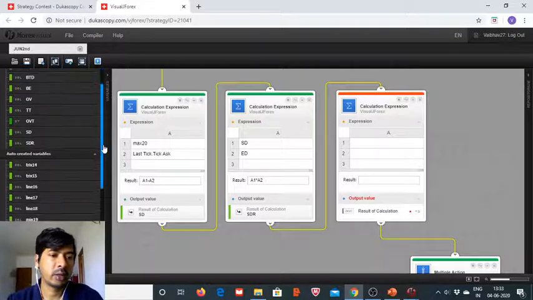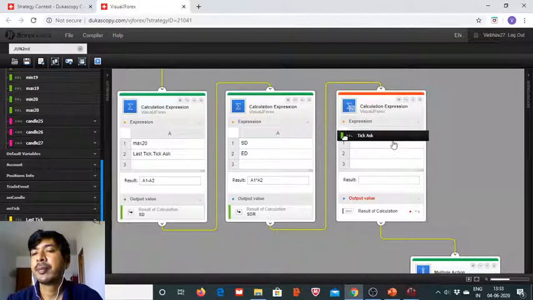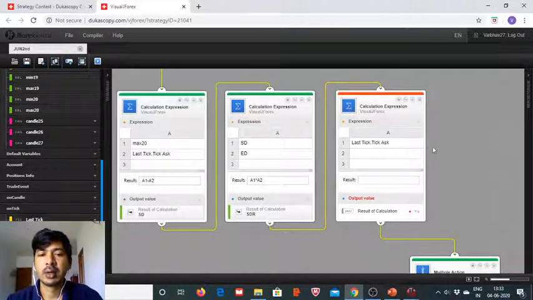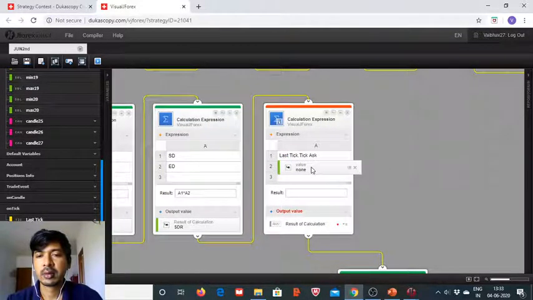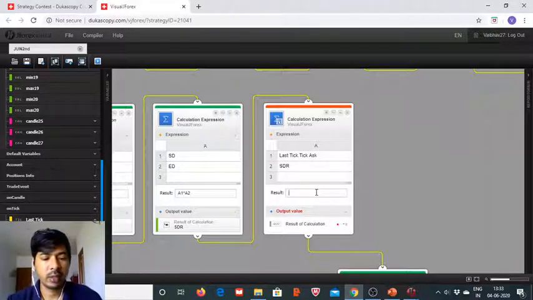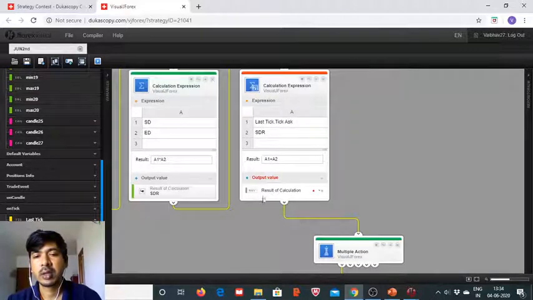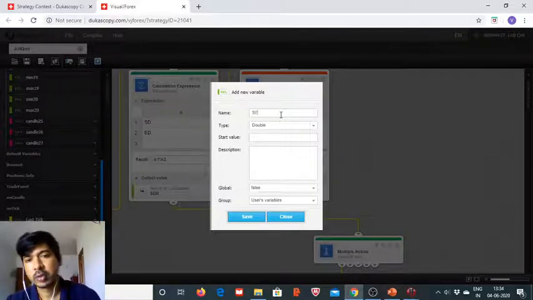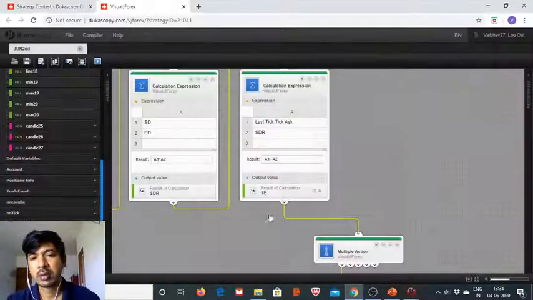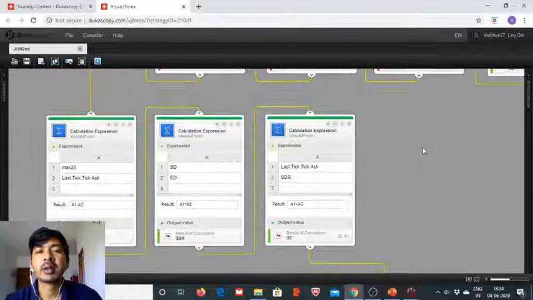So we again take the last tick ask, and we add the SDR, and it will be A1 plus A2, and the result of the calculation will be the sell execution price, as C. So here we have defined these parameters for our sell trades.